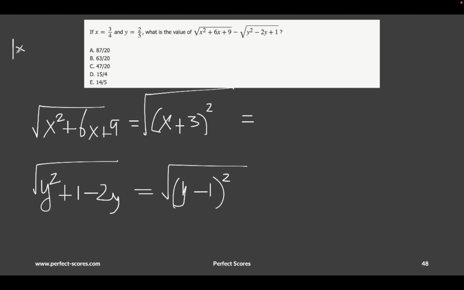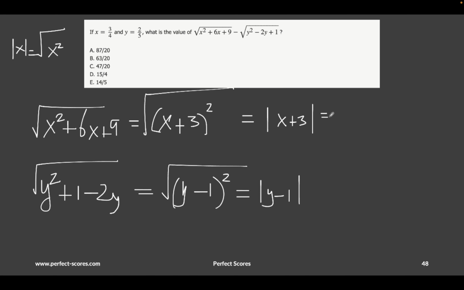Absolute value of anything is basically equal to the square of that number taken the root of it, right? So that's what absolute values are. So I can call this the absolute value of x plus 3, and I can call this the absolute value of y minus 1. And that's what the question is asking me.